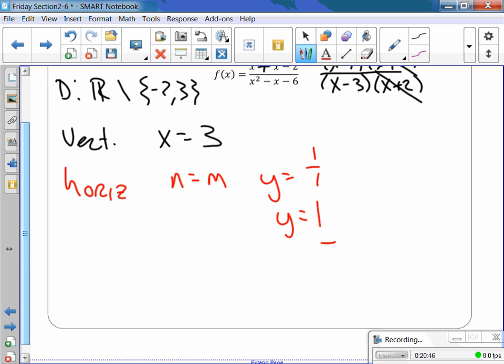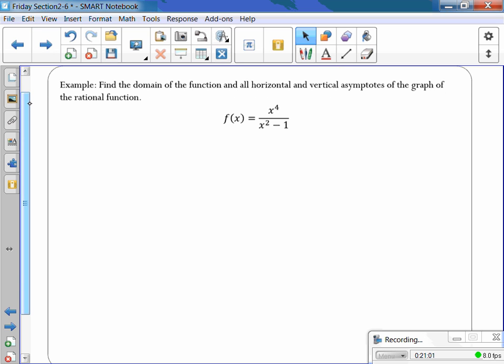Question? What is my domain? Once again, to find that domain, find out whether the denominator is equal to 0.